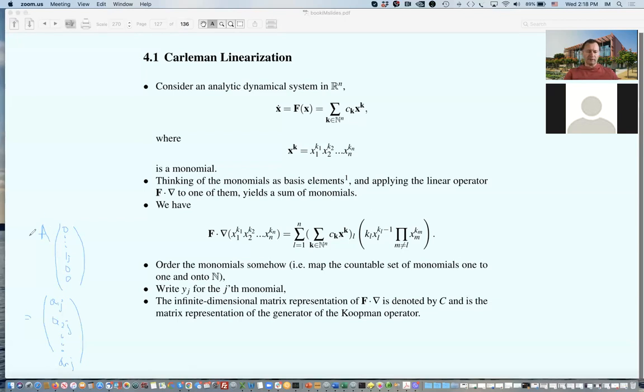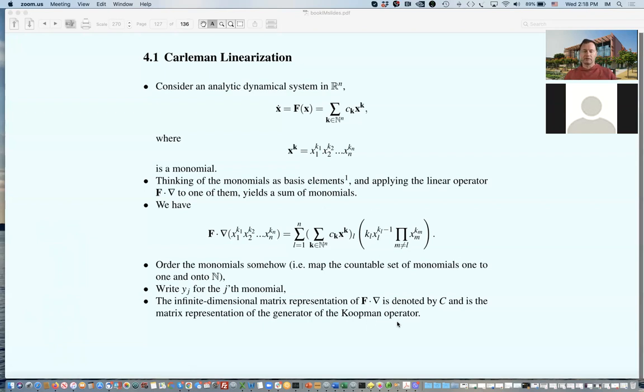In other words, if I want a matrix representation of this operator A, I feed it a basis vector in my vector space, and then I will find the jth column of A. A very similar thing can be done with the infinite dimensional operator, f dot grad, and that's the trick that we are going to use here to find this matrix C, which will be the matrix representation of the generator of the Koopman operator.